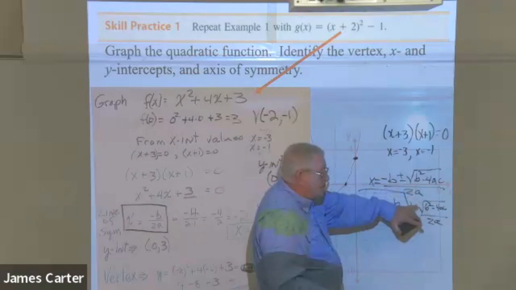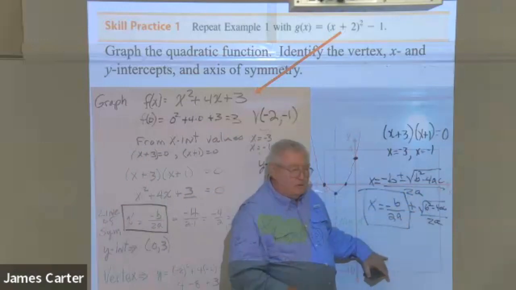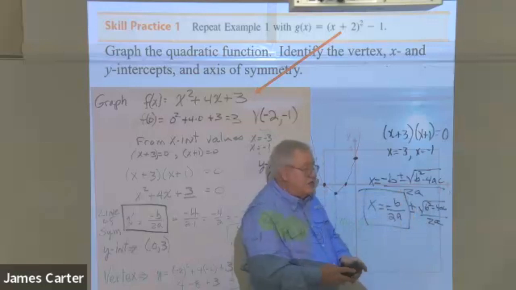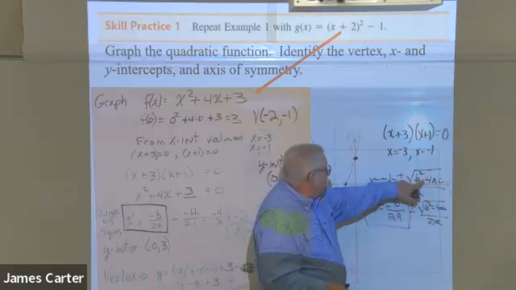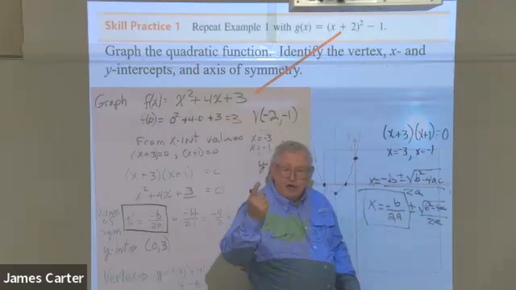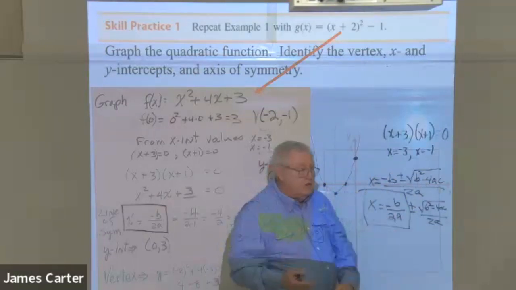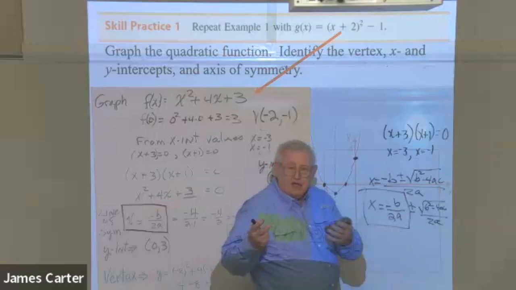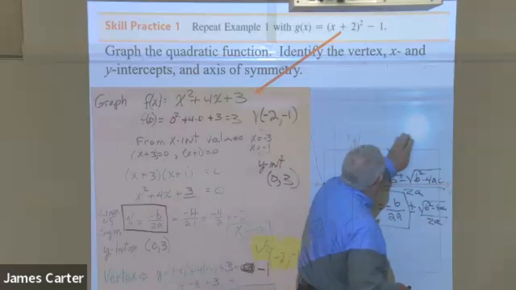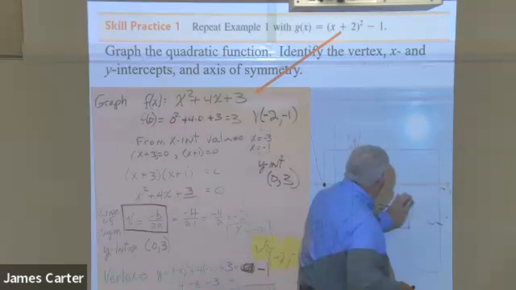Have any of you seen that before? No? Well, that's the way the quadratic formula breaks down. And remember, this thing predicts how many values you're going to have, whether you're going to have 1 value, 2 values, rational, irrational, whatever the case may be. Okay, well, let's go on.